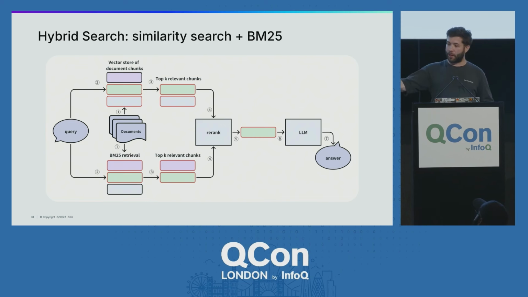You have BM25 coming on one hand, the vector store on the other. And now you're going to use a fusion algorithm, which is what we usually call a re-ranker. They're basically fusing those two results together. They give that back to the LLM, and then hopefully you have better answers. This is usually a very good way of having better results, and it doesn't add much complexity to your system.